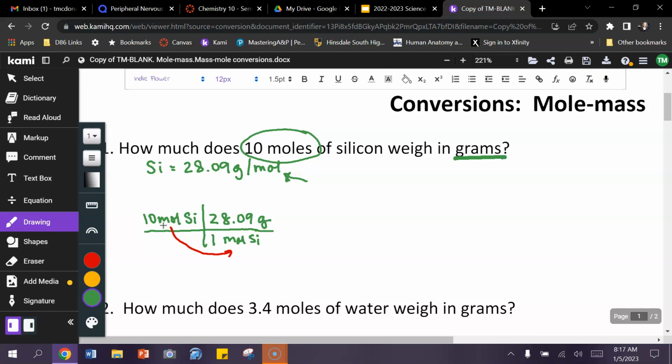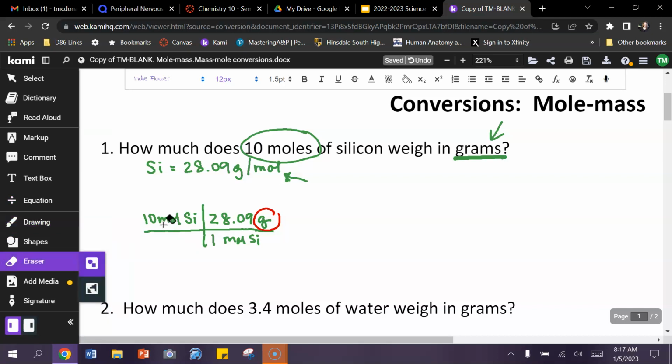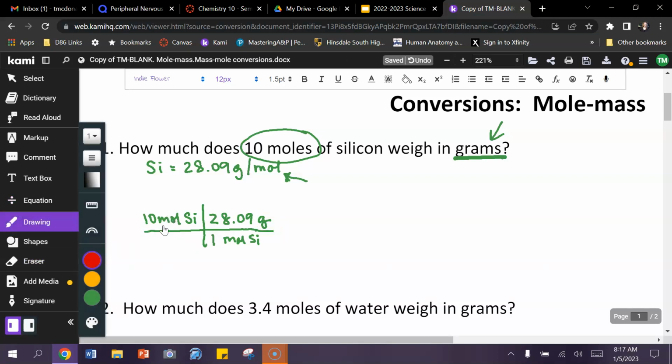Now remember that we're looking for grams in the problem, and since I have my unit grams at the top of my dimensional analysis table, that means that I'm done entering numbers and setting things up. So now I can do the fun part, which is crossing out the units on the top and on the bottom. I can cross out moles of silicon on the top and on the bottom.